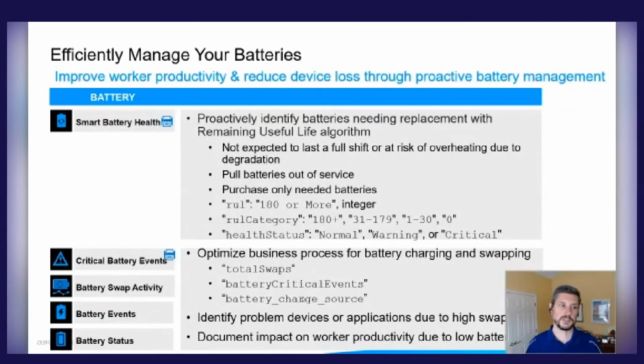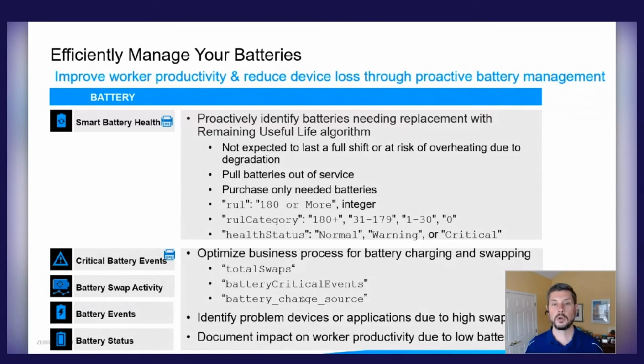Looking at the battery side of things, so I talked earlier around battery. So battery definitely has some significant direct ties to worker productivity. But one other interesting thing is that battery performance actually has strong ties into the loss of devices as well.